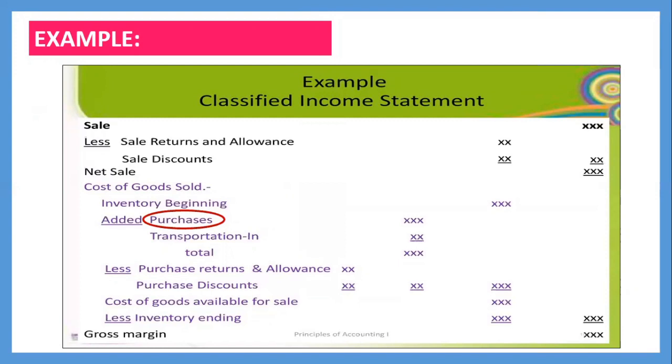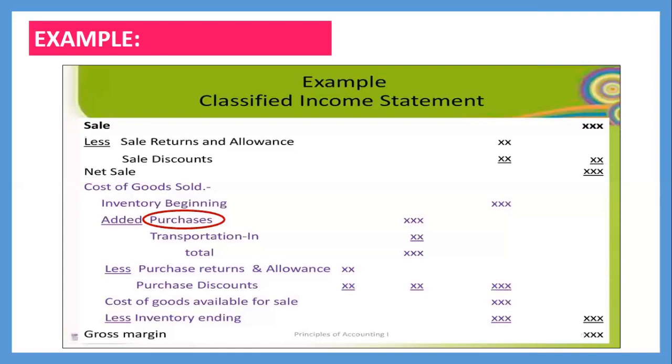Net sales is followed by cost of goods sold, inventory beginning. Since you purchase additional merchandise, this will be added to your inventory beginning, okay? So this is how it appears in your income statement. Your purchases should be added to your beginning inventory.